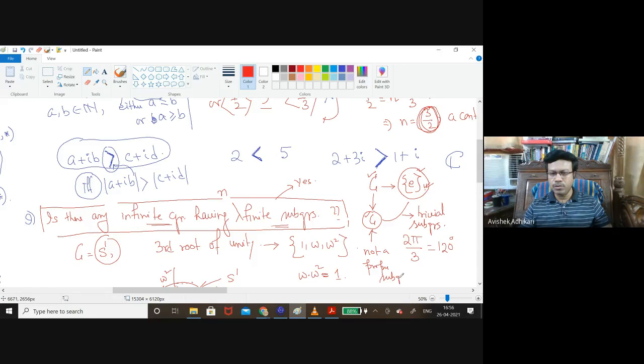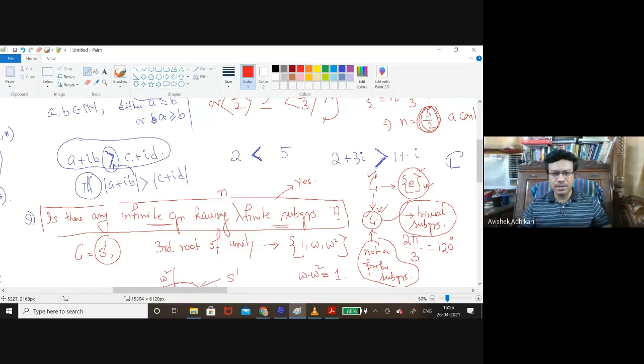Proper subgroup means a subgroup which is properly contained. So few new terms are now added to your vocabulary. Trivial subgroups means G and E are called trivial subgroups. Proper subgroups are those properly contained in G. For example, E is a proper subgroup, but G is not a proper subgroup.